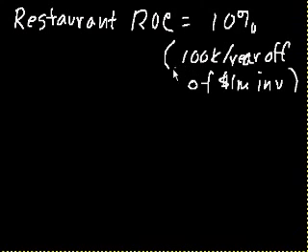Now that's one project, and let's just say I'm not going to factor in things like risk and probabilities just yet. Let's just say for sure I know that if I put my money here, I'm going to get 10% on my money. And let's say the other option with my money is a beauty parlor.